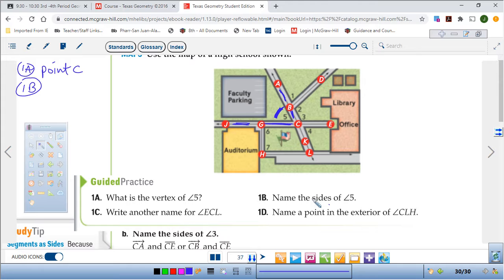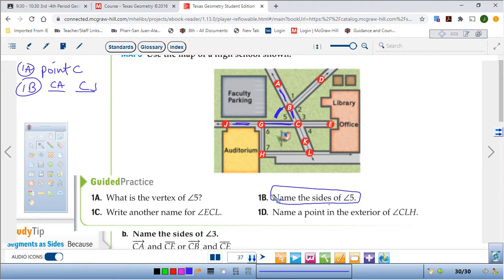Okay, so when it comes to naming the sides, it wants like this side and this side. Like one side and one side. So we need to come out here, the sides, and what makes up the sides? Rays. All right. So let's go out here with C. Someone put CA, and CA would be this side, and CJ.